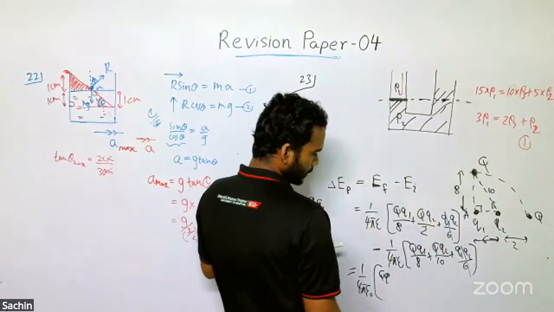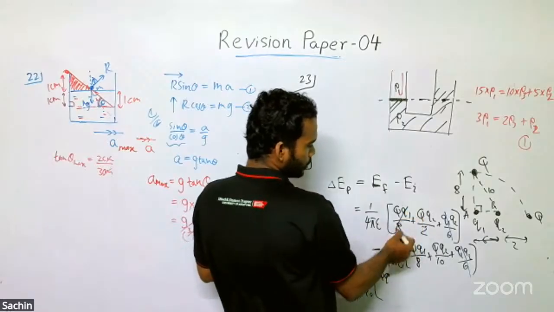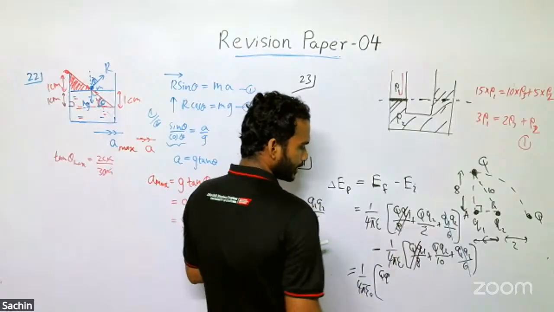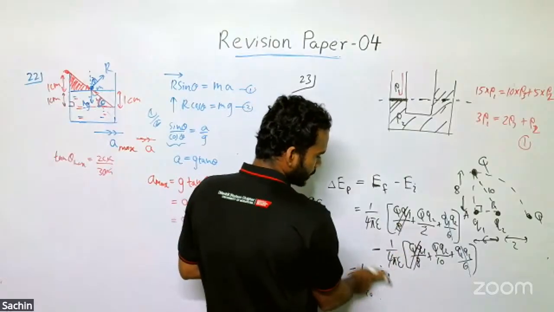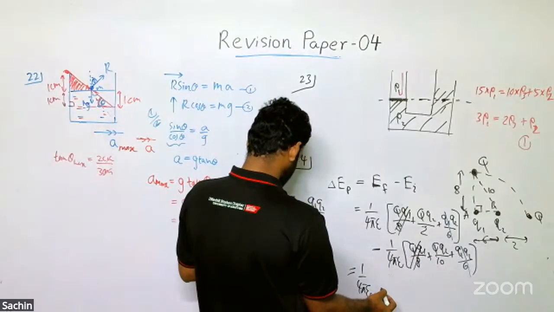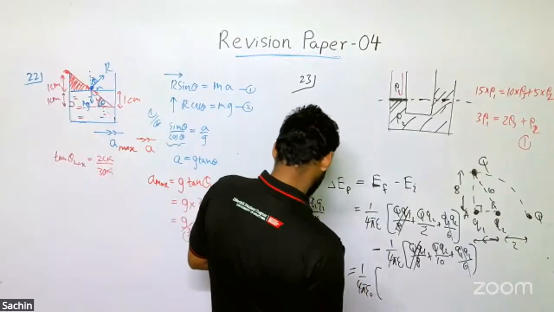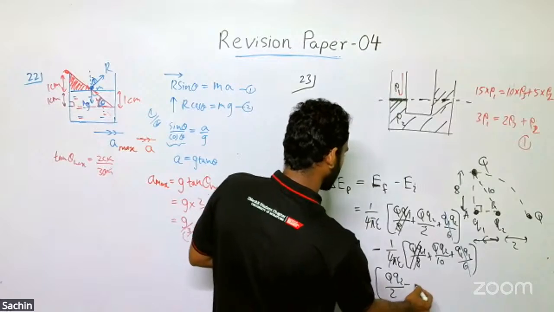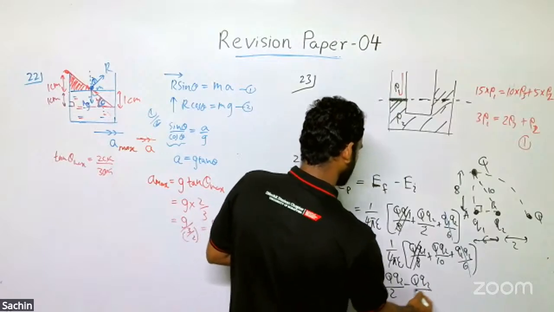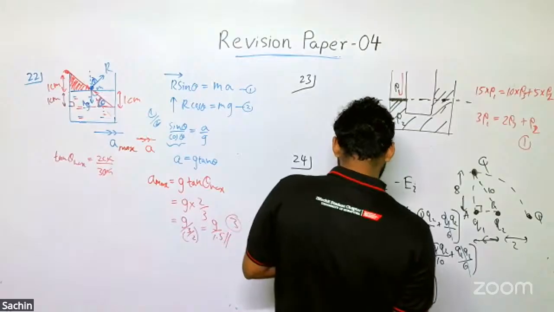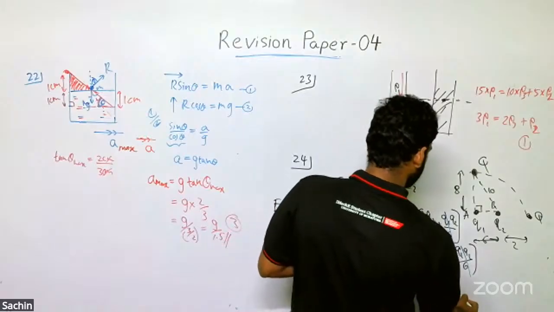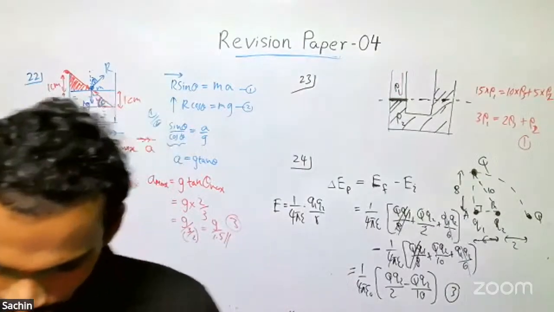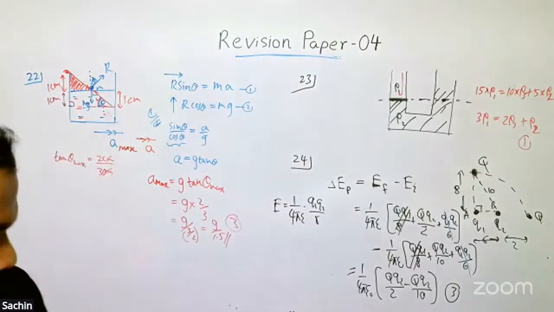Okay, right. So Q1 over 8 is there again in both cases. So these two are also getting cancelled. Now we can keep it like that. So Q2 over 2 minus Q2 over 10. This is given in the third answer. So for the 24th, the third answer is correct.